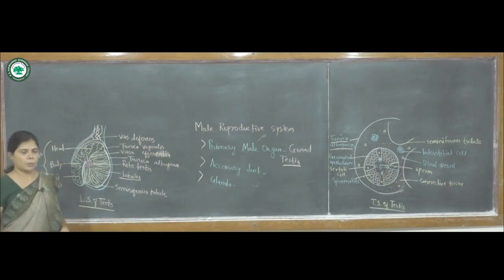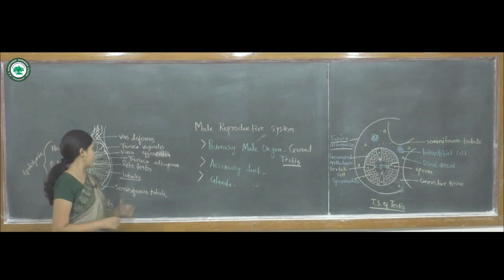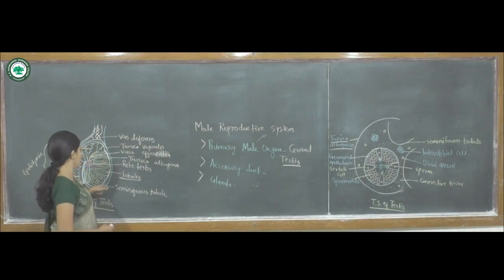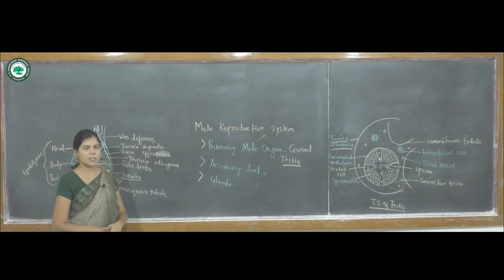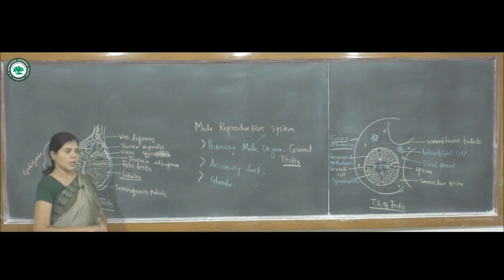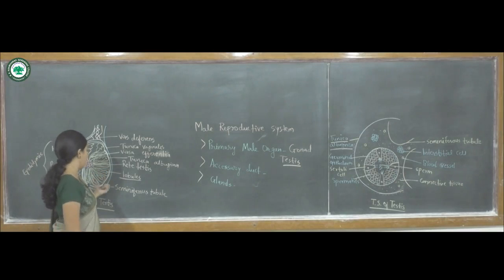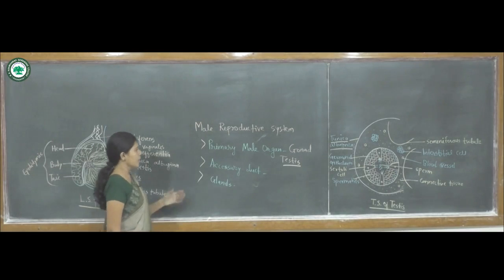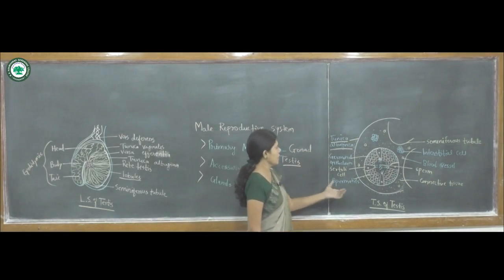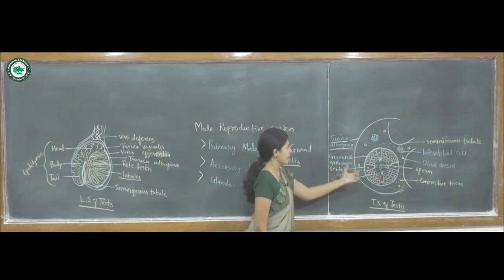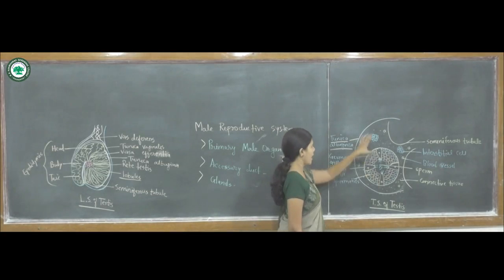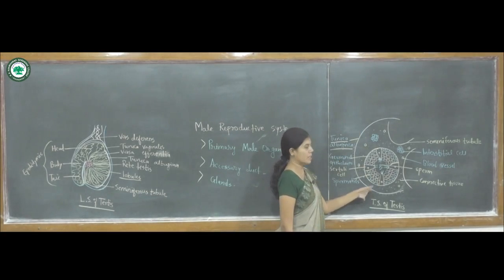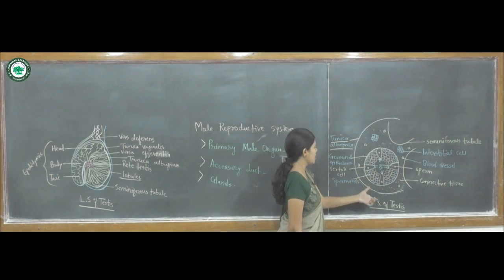Inner to the tunica albuginea there is a layer connected to the seminiferous tubule, and this innermost layer is known as the tunica vasculosa. The tunica vasculosa forms the seminiferous tubules and lobules. So now we move on to the detailed structure of the seminiferous tubule in the TS of testis.